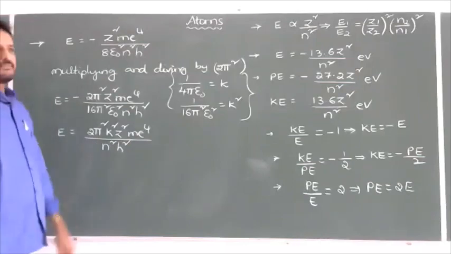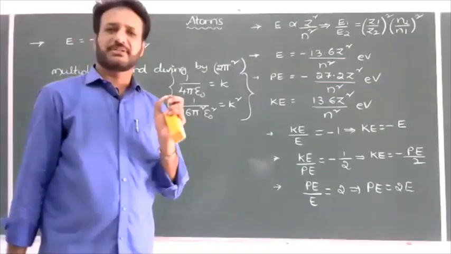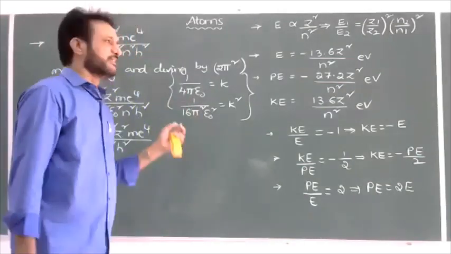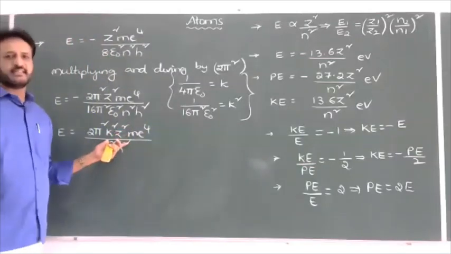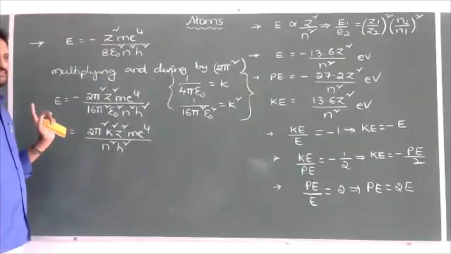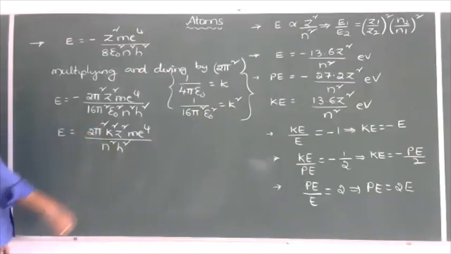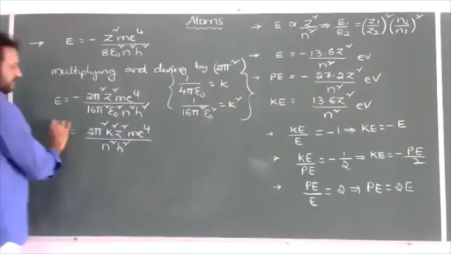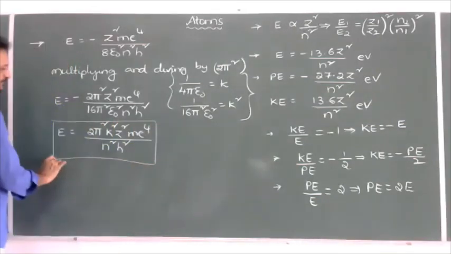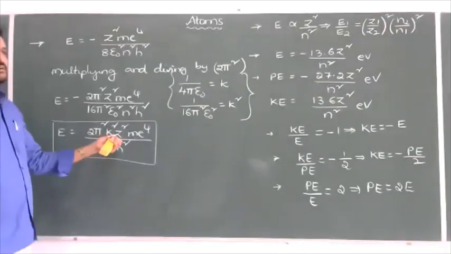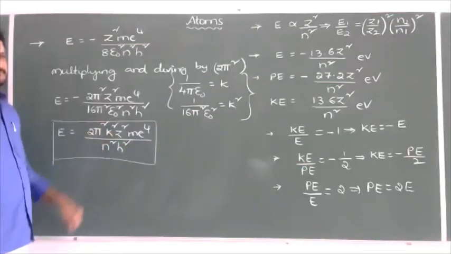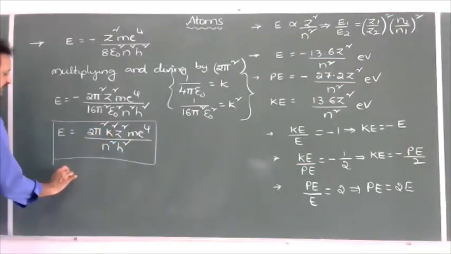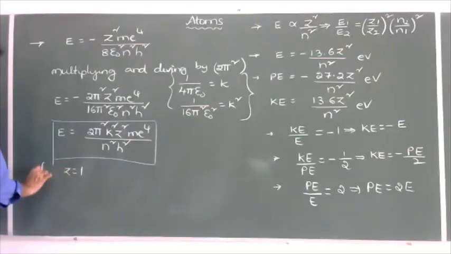So check this. Sometimes the question 'which of the following expressions is correct regarding the total energy of an electron in the nth stationary orbit' may be asked. Then in terms of k, it is a formula. But for PU level it is not necessary. Remember this one: if a hydrogen atom is given, no need to put k. So for a hydrogen atom, we can write Z is equal to 1.